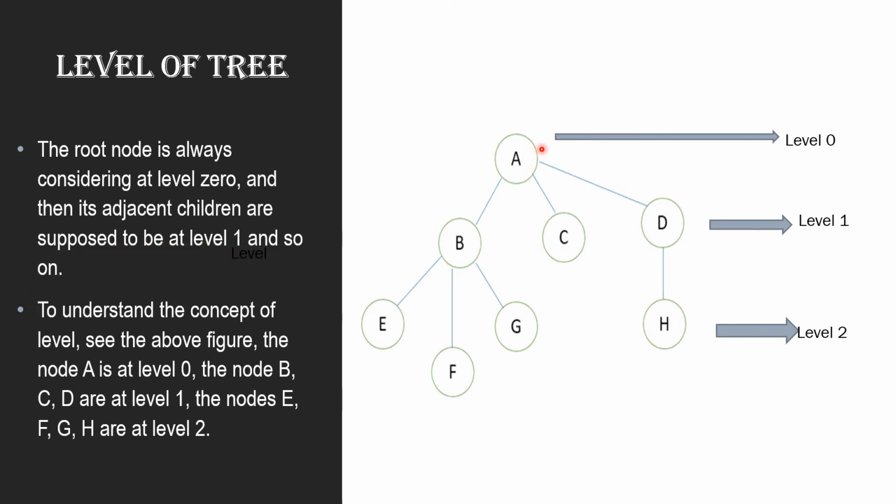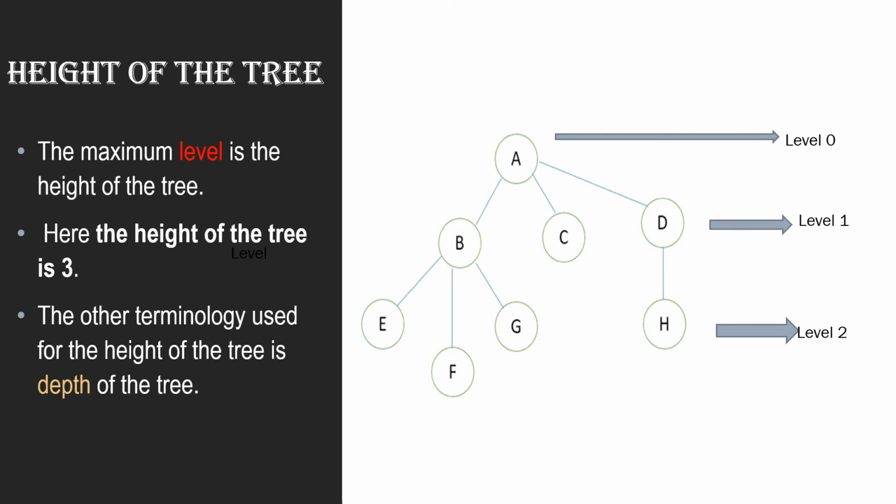So here the root node is at level 0. Then the adjacent children B, C, D are at level 1, and E, F, G, H are at level 2. Here we are representing the tree hierarchically in levels. So this is the level of the tree.